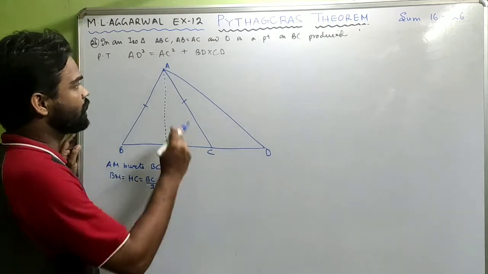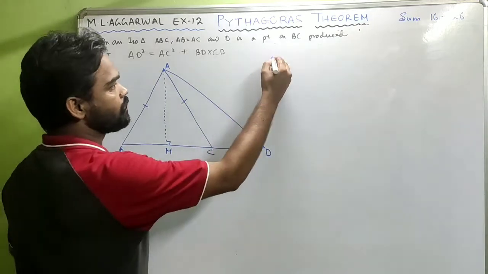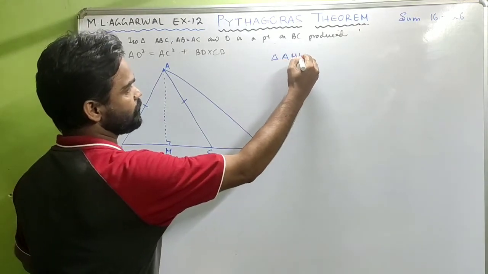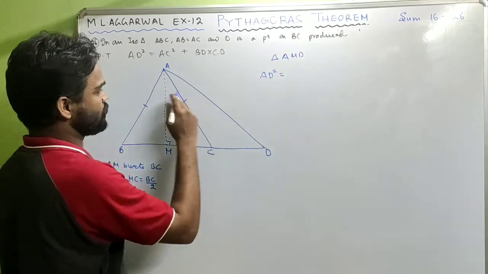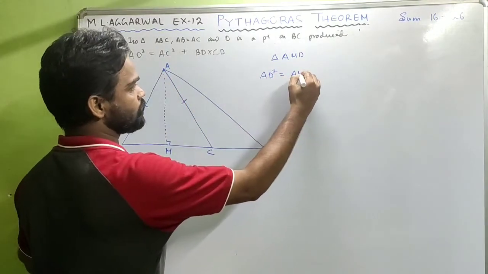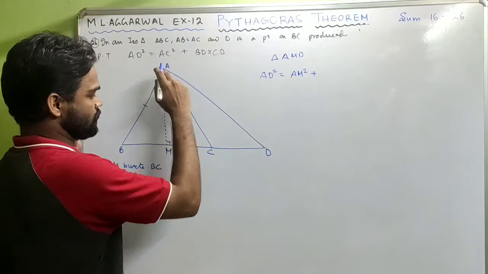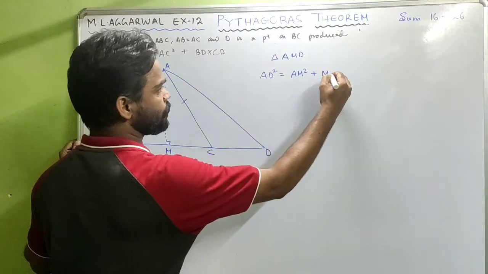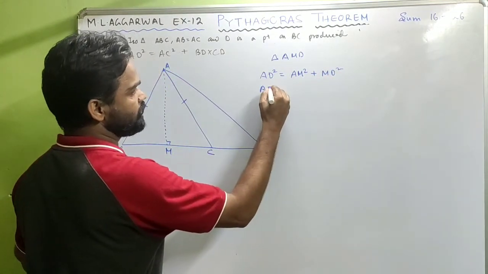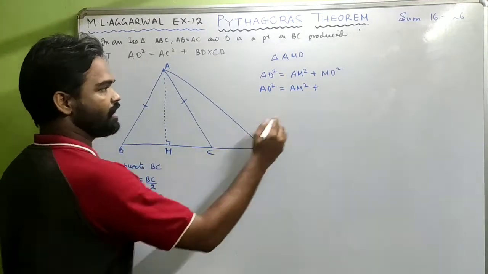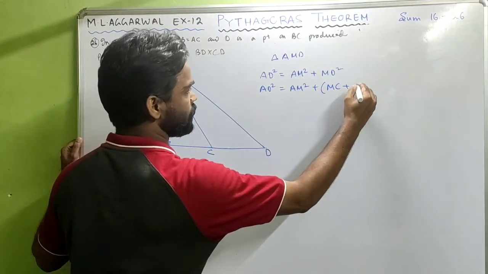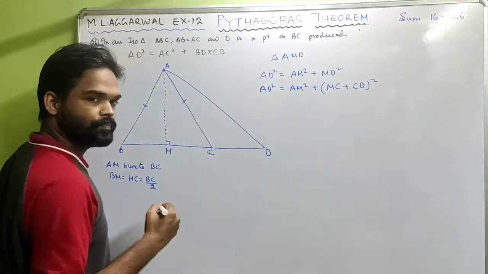Now look carefully. In triangle AMD, AD square is equal to AM square plus MD square. Now AD square is equal to AM square plus MD, which can be written as MC plus CD, whole square.